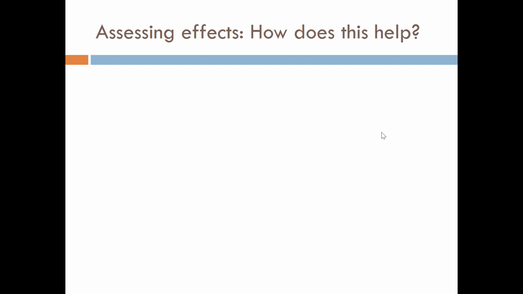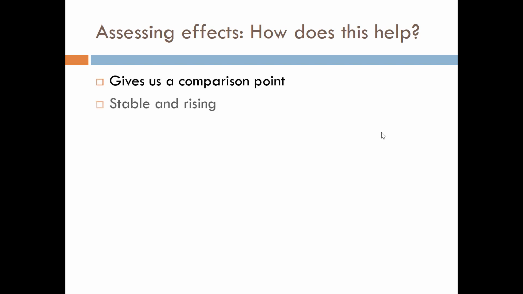Having a baseline is important to later assess effects, like we talked about with quasi-experimental and experimental designs, mainly because it gives us a comparison point. If it's stable or rising, it's easier to interpret: the scores reflect that there's no treatment, so the client is at the same level or getting worse.